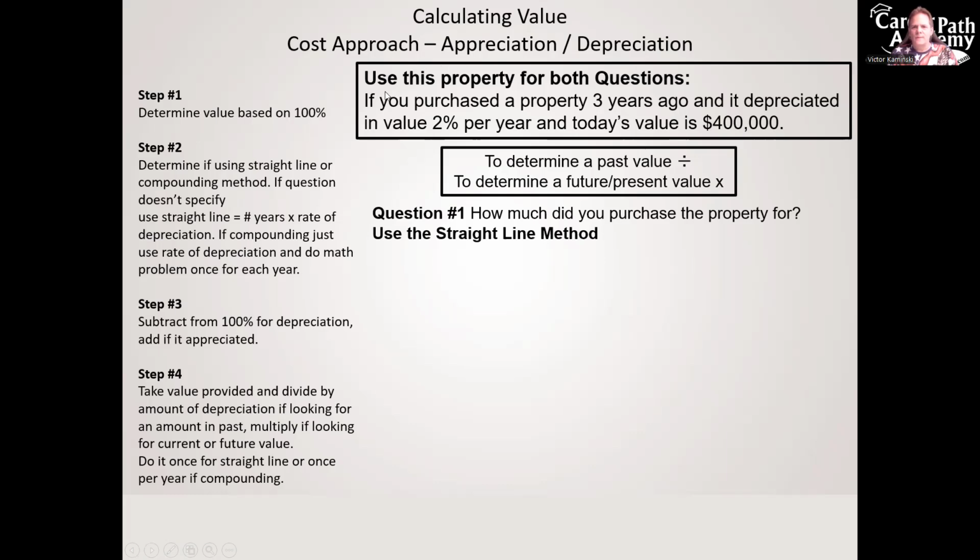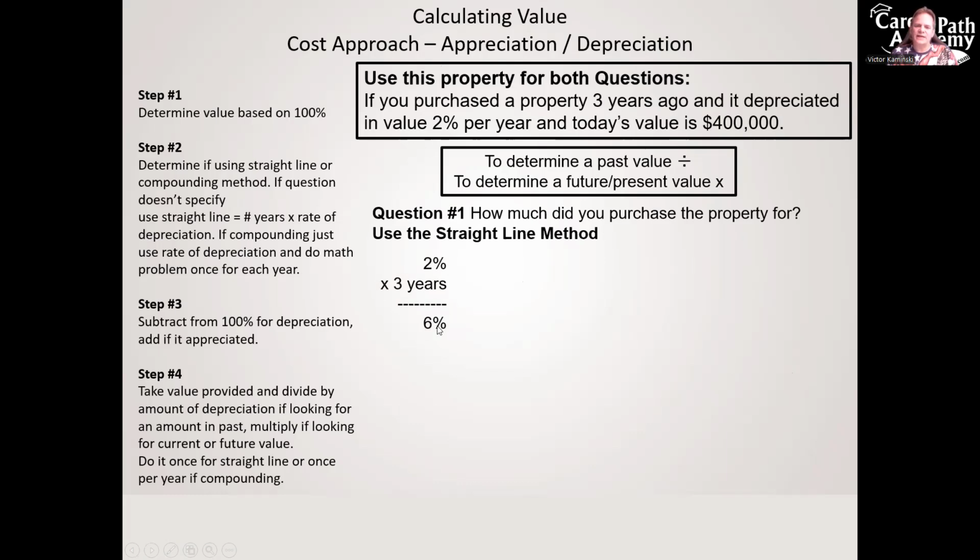The first step is they said to use the straight line method, so this is a little bit easier. You write down the percentage of depreciation and multiply it by the number of years it depreciated. That gives you 6%.